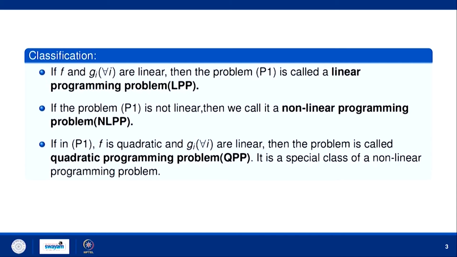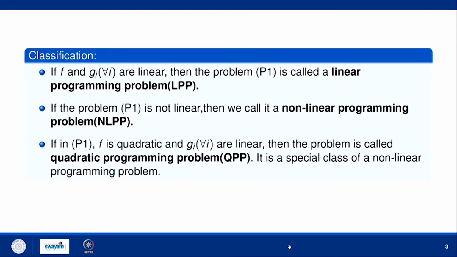So, the first classification, the simplest one, is the linear programming problem if f and g_i for all i are linear. Now, if it is not linear, that means the objective function or at least one of the constraints is non-linear, then such problems are called non-linear programming problems or non-linear optimization problems.